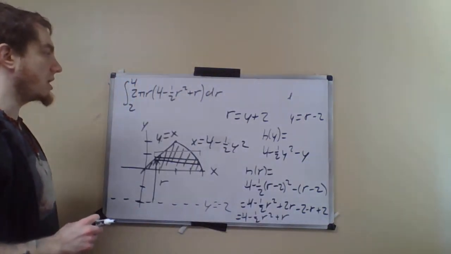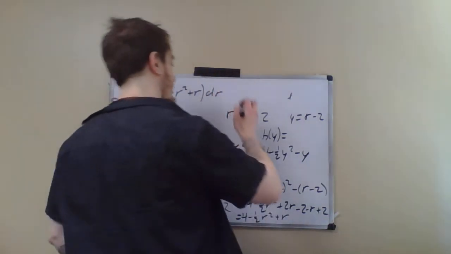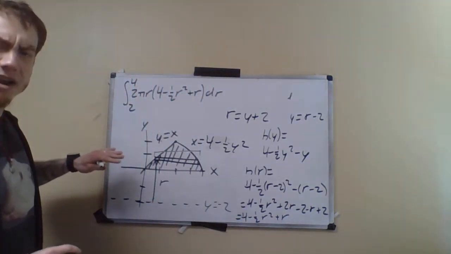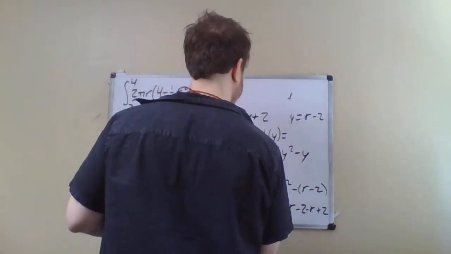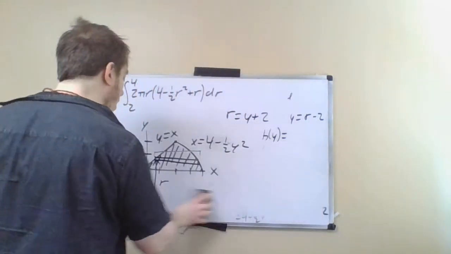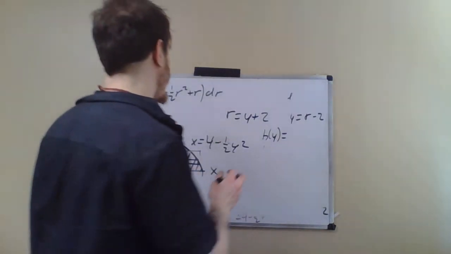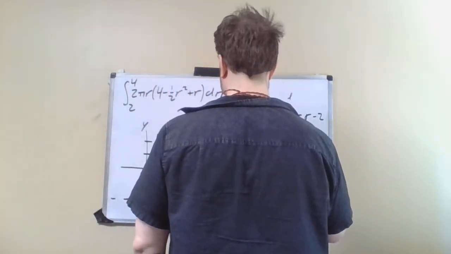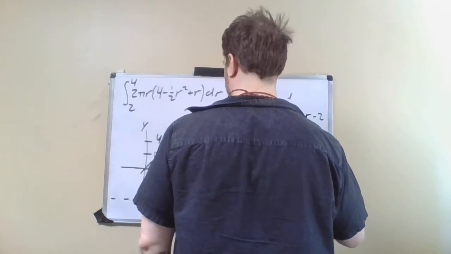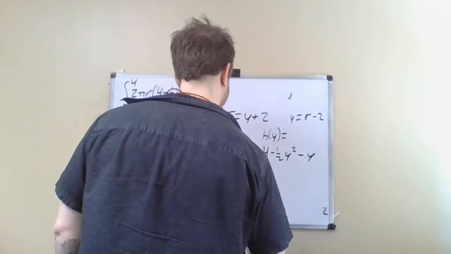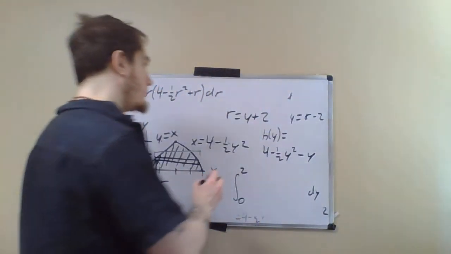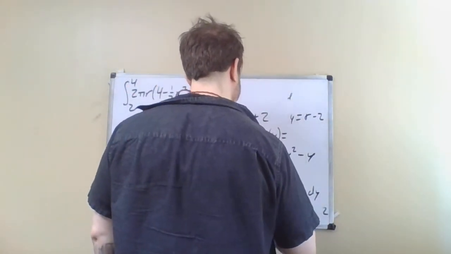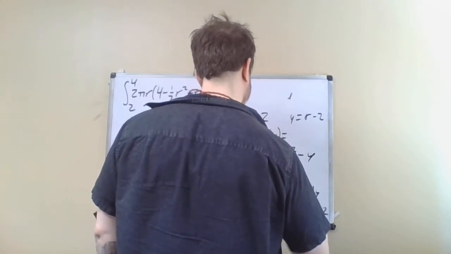Also, another way that I could have done this is, keep in mind what I've said here. I'm going to have to erase this for a moment. So an alternative here would have been to leave everything in terms of y, but remember that r is y plus 2. Now the height with respect to y is 4 minus 1/2 y squared minus y. Then I could have said, okay, we're integrating from 0 up to 2 along dy. But for the 2 pi r, I now have to do 2 pi times (y plus 2).